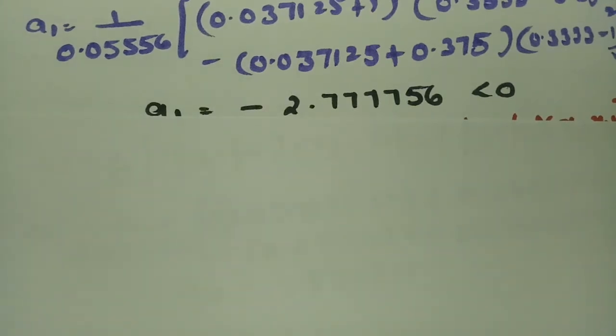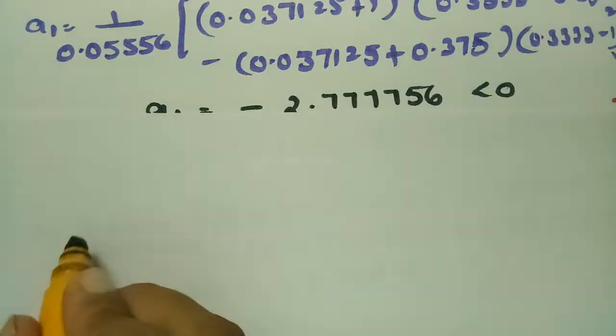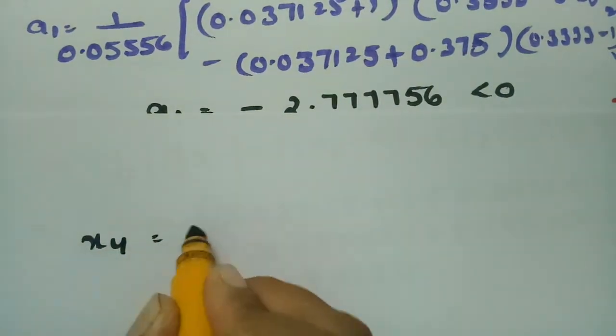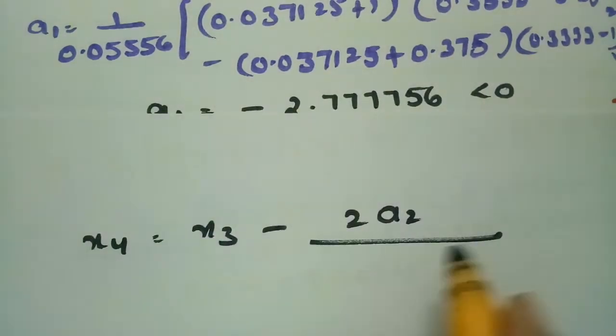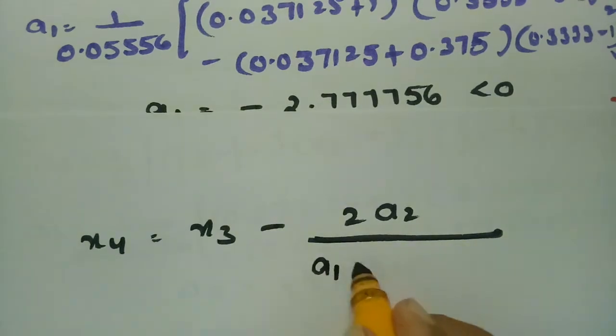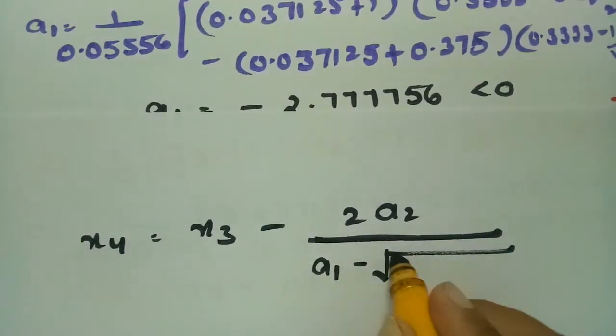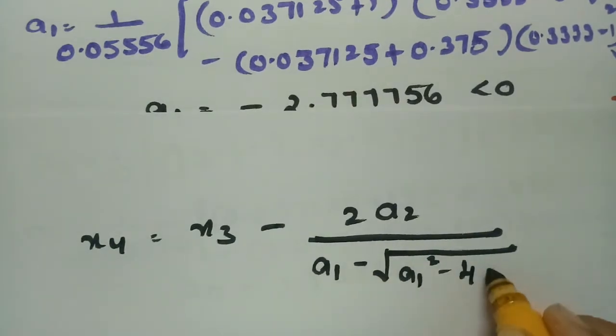All the values are ready here. X4 value is equal to X3 minus 2A2 by A1 minus root over A1 square minus 4A0 into A2.